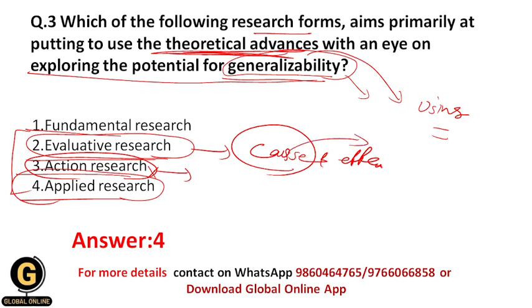We evaluate what is the amount of the cause and what is the effect of that amount of cause. This is nothing but evaluative research. Fundamental research, that is, pure research or basic research, I have told you earlier in this video. So the correct answer for this question is 4.